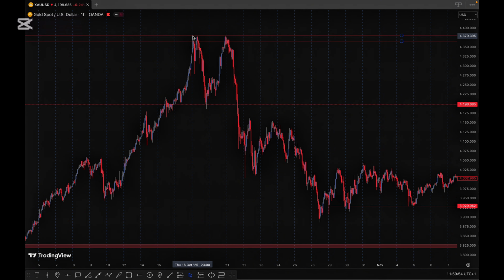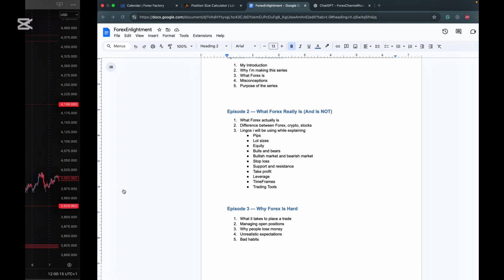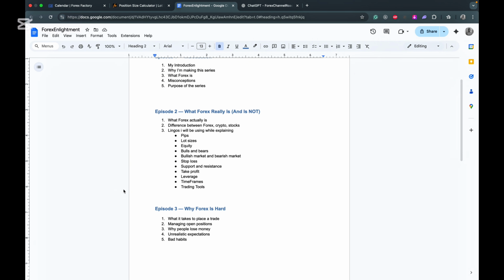So not to confuse you, I just want you to understand that when the market is going up, it is as a result of the bull activities, that is, the bulls are buying. And when the market is going down, it is as a result of the bearish activities, that is, the sellers are selling. The bulls are referred to as buyers in the forex market, and the bears are referred to as sellers in the forex market.